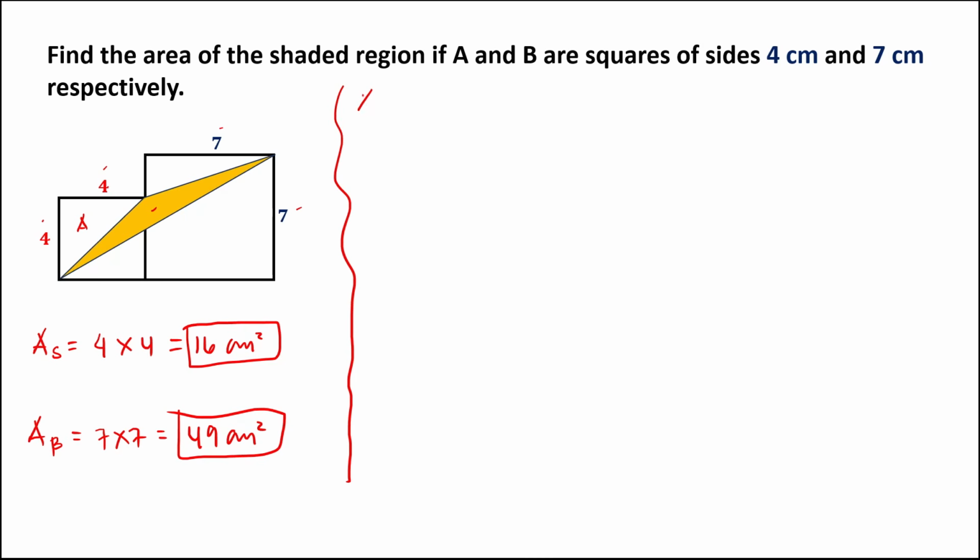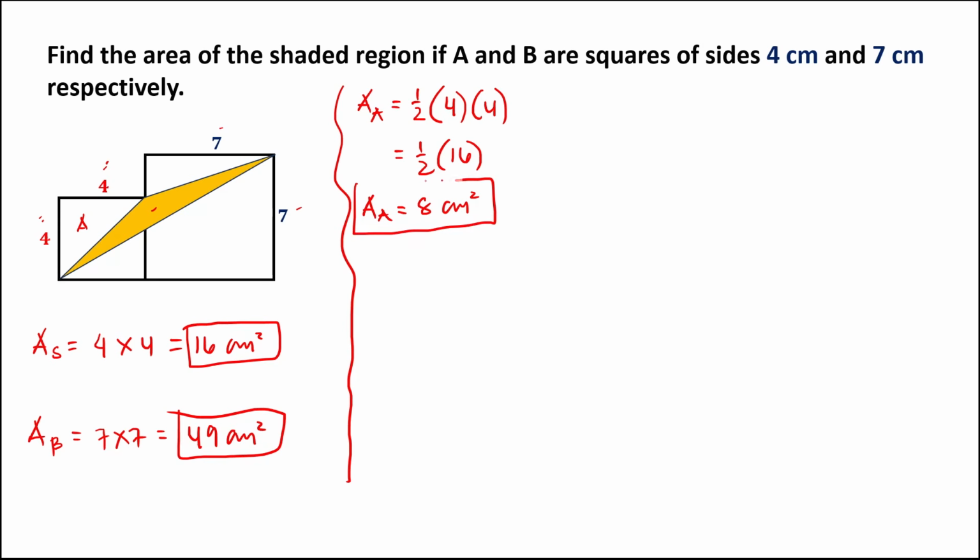So again, to find the area of triangle A, this is 1/2 times the product of these two sides, 4 times 4, or this is equal to 1/2 times 16. So therefore, the area of triangle A is 8 centimeters squared.